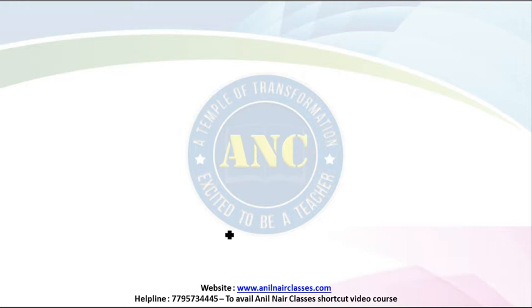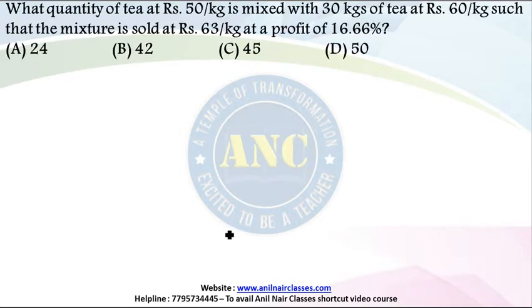One more example I will take so that my students will not face any difficulty. See this question, sir. Same variety of question for your better understanding. What quantity of tea at 50 rupees per kg, first parameter is 50 rupees per kg, is mixed with 30 kgs of tea at 60 rupees per kg.